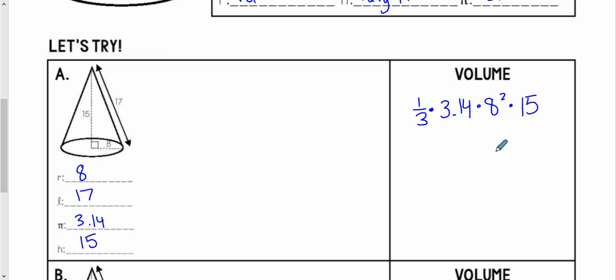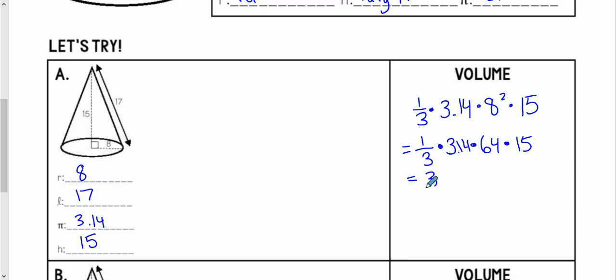If you show this and then use your calculator, that's okay. I'm going to show a little bit of extra here. If you want, before you go running to the calculator, you can get this to be, okay, 8 squared I know is 64. 1/3 times 15 is 5.